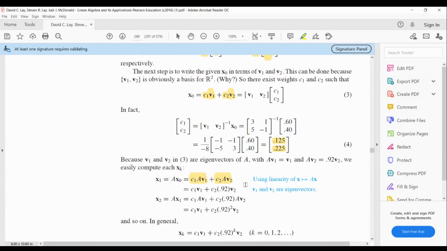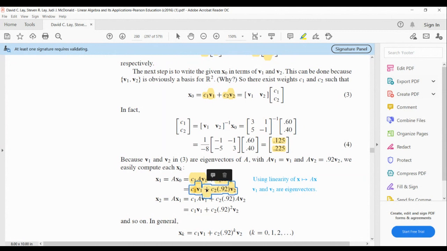And so you'll get C1 times 1 V1 plus C2 times 0.92 V2. And that's because V1 and V2 are eigenvectors. AV1 equals lambda 1 times V1. Well, lambda 1 is 1, so that gets you C1 V1.